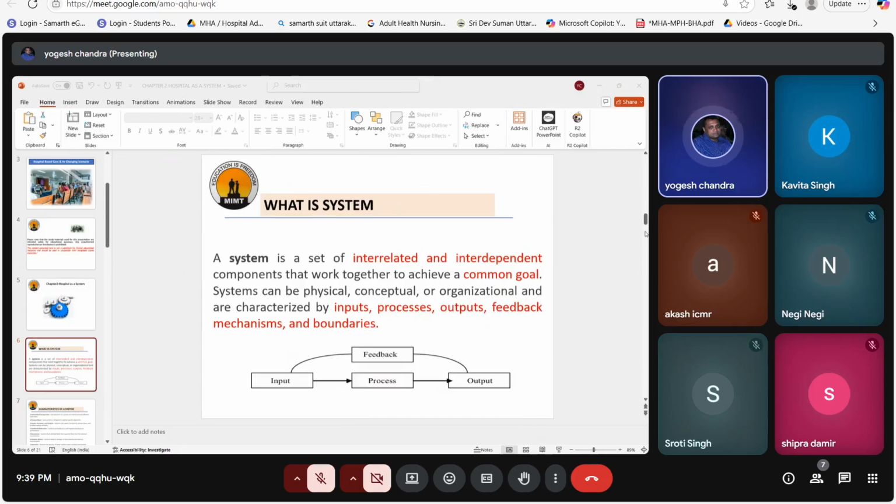And if we talk about interdependent, it means one component cannot work or should not work without the assistance or help of the other. A typical example in the hospital scenario, which is very common, is the OT, the operation theater. They are always supposed to use sterilized items, so they are always dependent on the sterilization unit of the hospital.